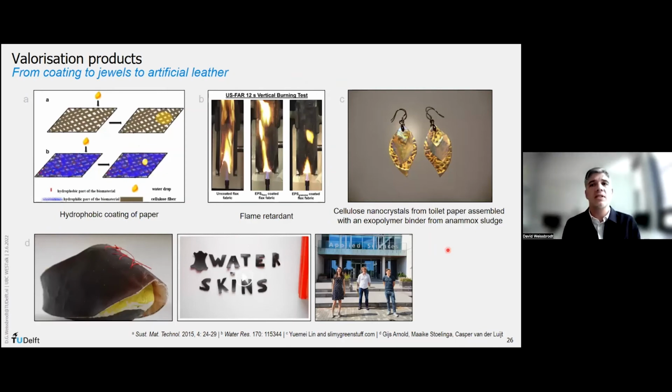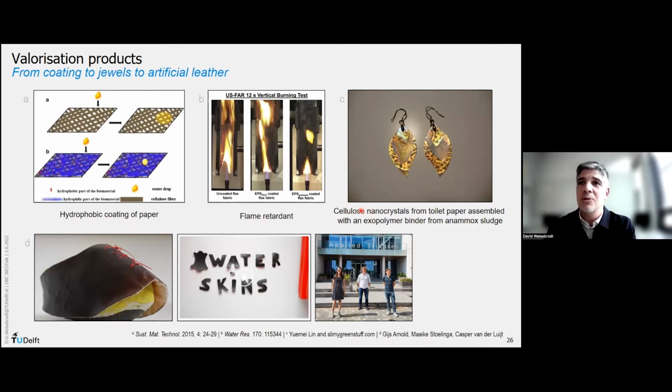What are the resources that you can valorize, and how can you valorize the product? You can produce hydrophobic coatings for paper, as shown in a Water Research or Sustainable Materials and Technologies paper by UBC and other colleagues from Delft and other partners. You can make flame retardants as well.